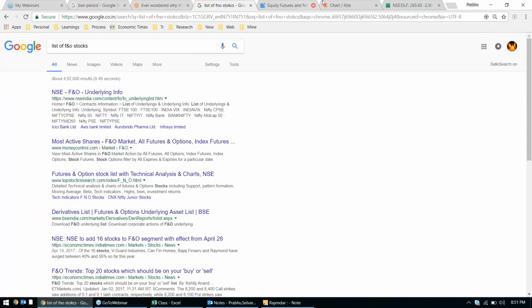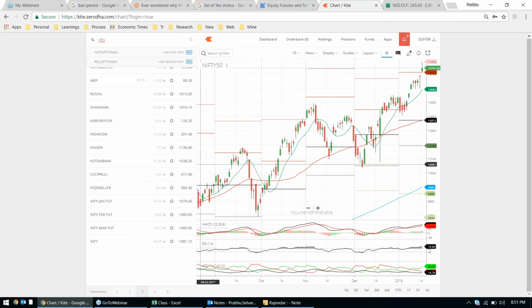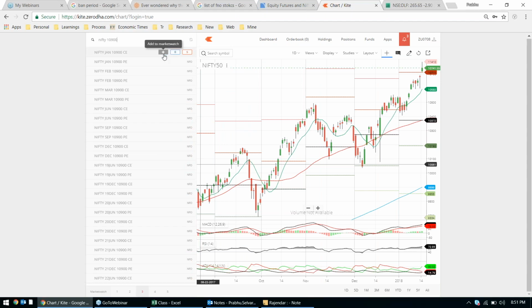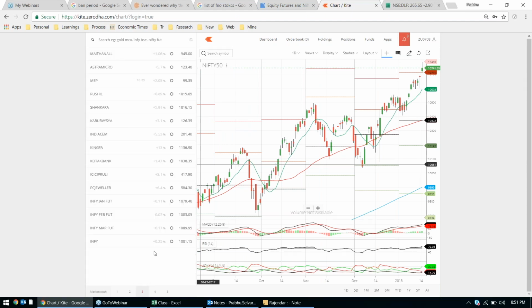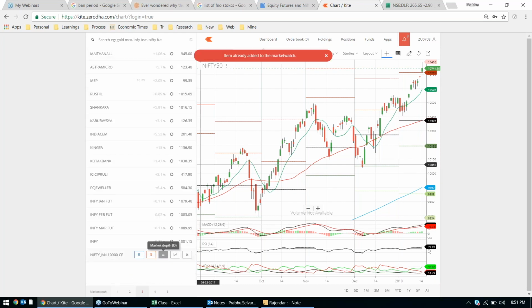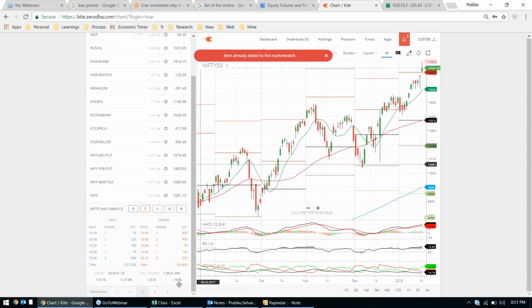One live example today which I want to show. Nifty 10,900 call option, which was trading yesterday at 9 rupees, has become 21 rupees.